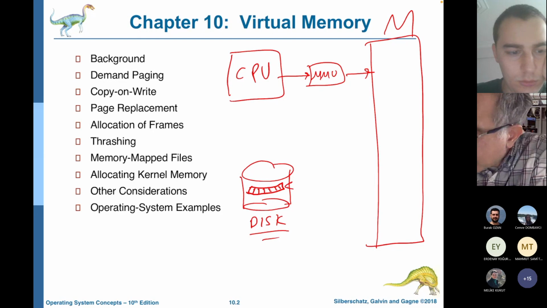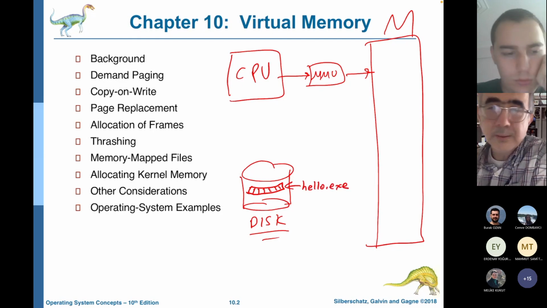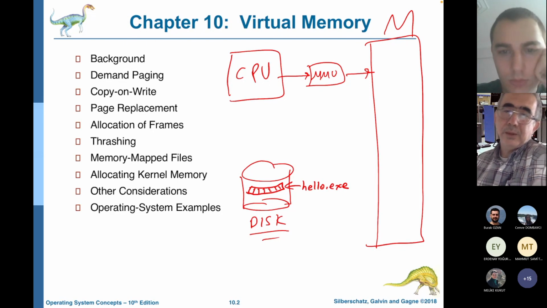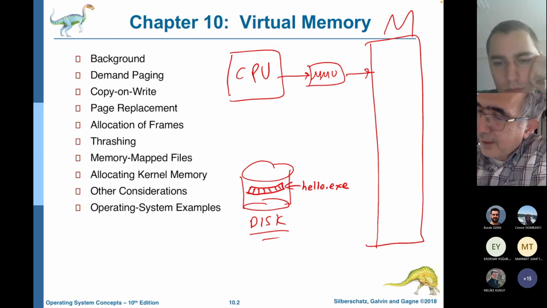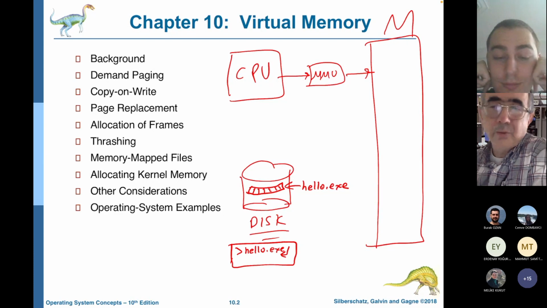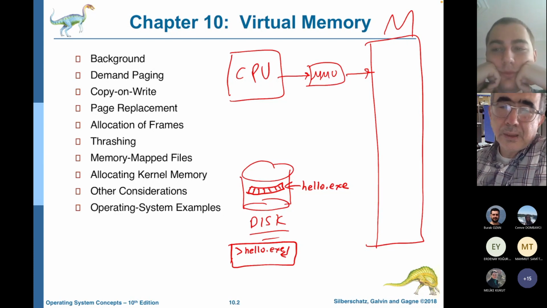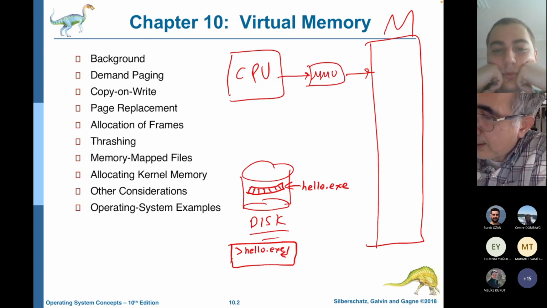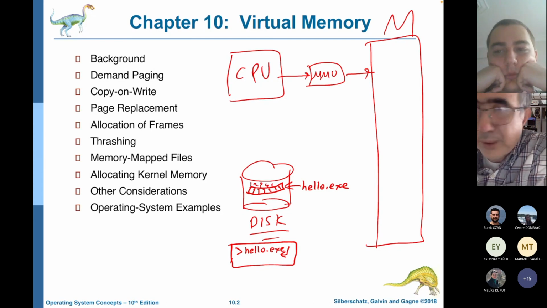This is my program, on disk. So if I click on this, what happens? The operating system should put this 1, 2, 3, 4, 5 into memory.